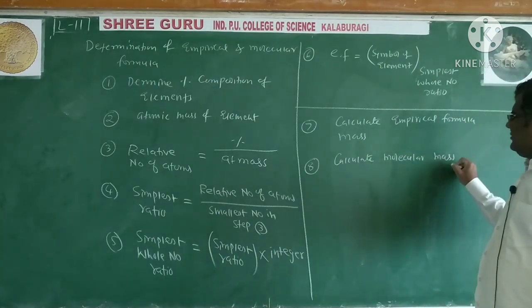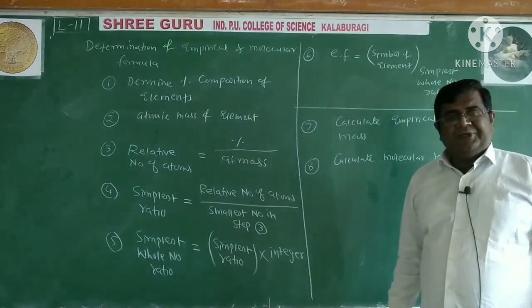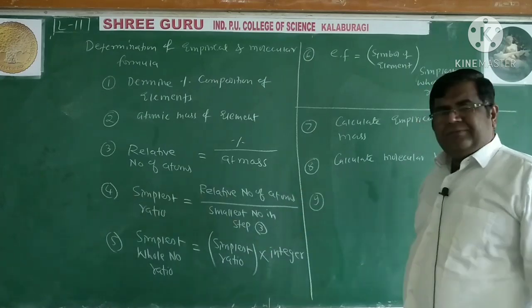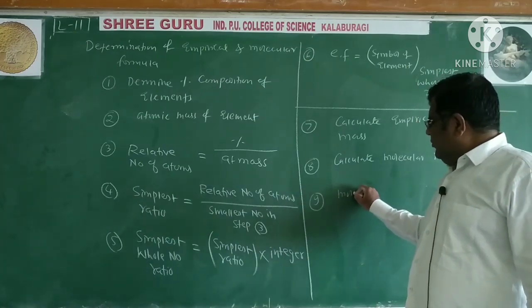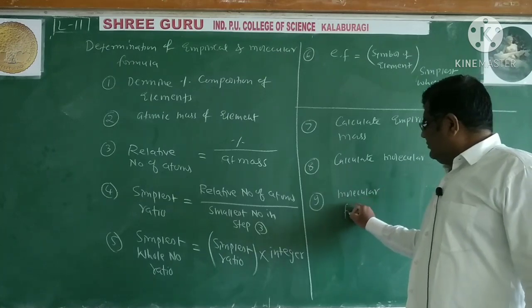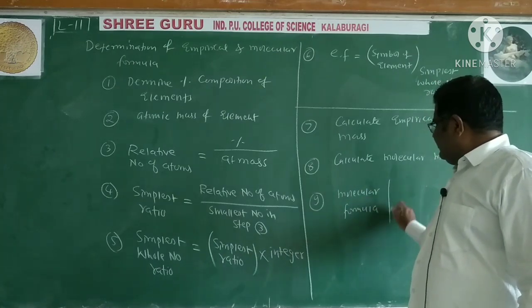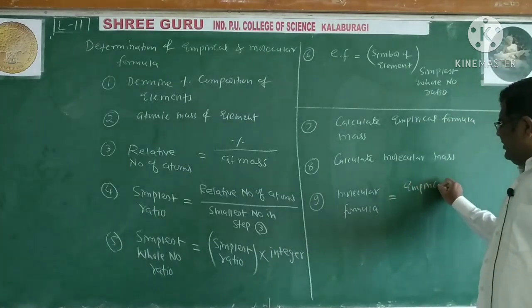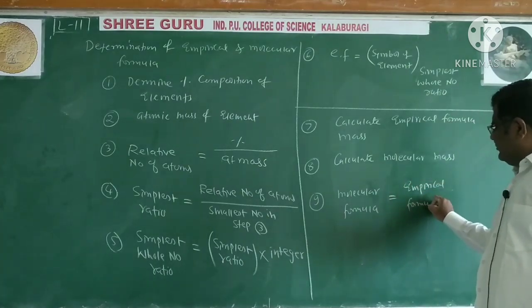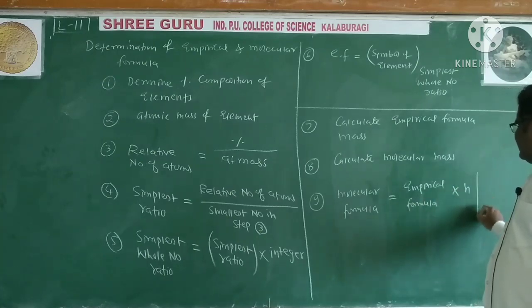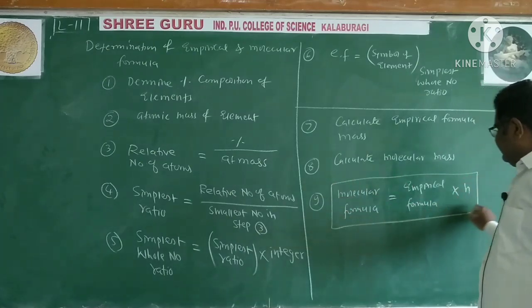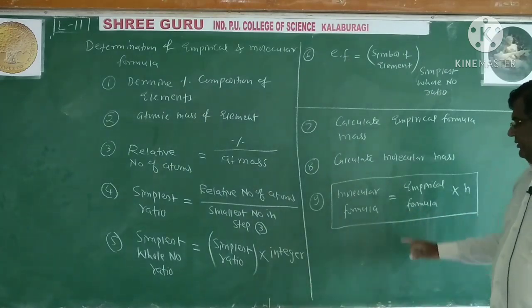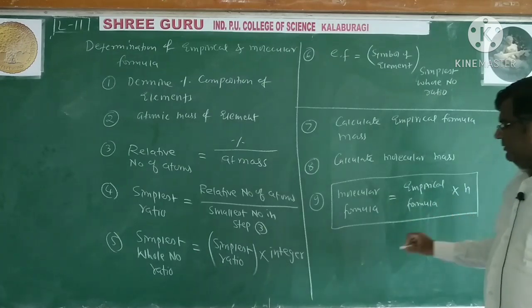Molecular mass, this may be given in the question. 9th one, molecular formula is equal to empirical formula multiplied by this small n. This is the thing which we want to calculate, molecular formula. That equals to empirical formula into n. But what is this n?